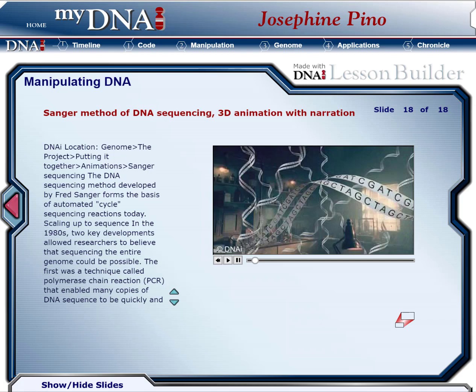The resulting collection of DNA strands are of different lengths. Each reaction is then loaded into separate lanes of a polyacrylamide gel containing urea, which then undergoes electrophoresis.